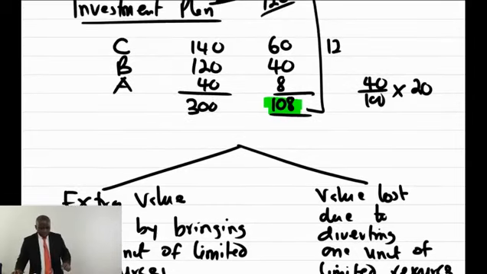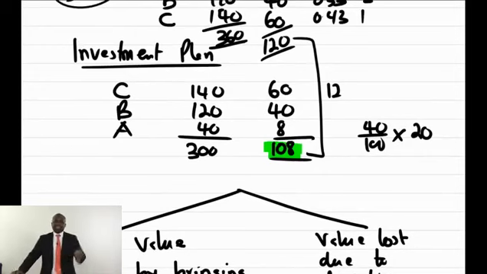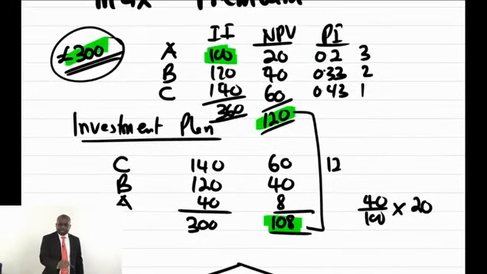Okay, so I'm going to use this to illustrate. If I don't bring in that extra money, I wouldn't be able to do all the projects to enjoy the 120 NPV because I am constrained with only 300 pounds. Therefore, I am sacrificing this.